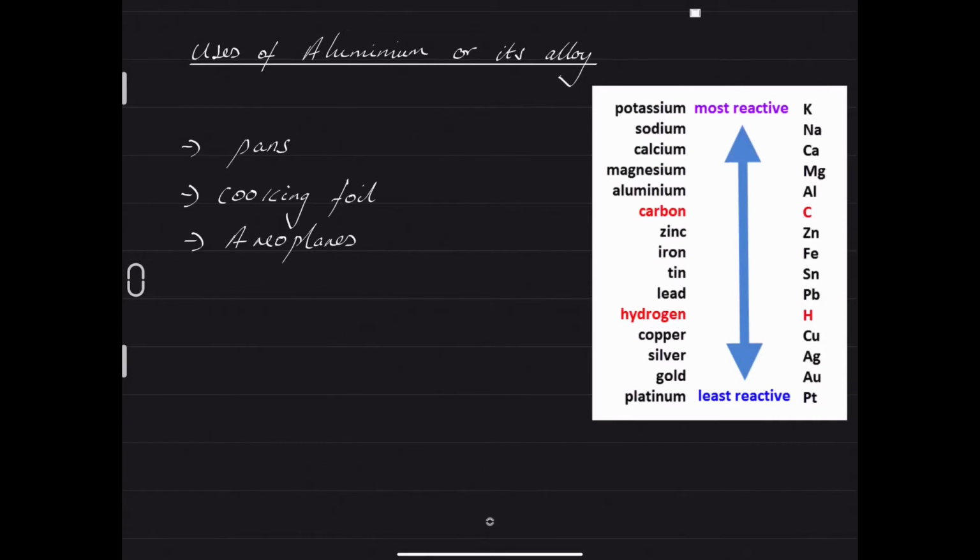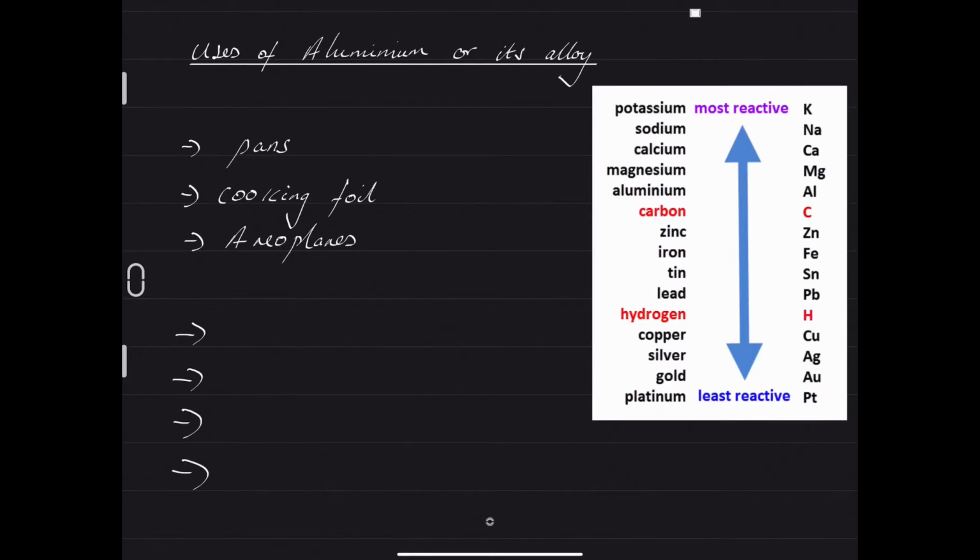I've given you 3 possible uses of aluminium. I want you now to feed back 3 more, and if you can, get a fourth one. And I want you to list them back to me on Teams.